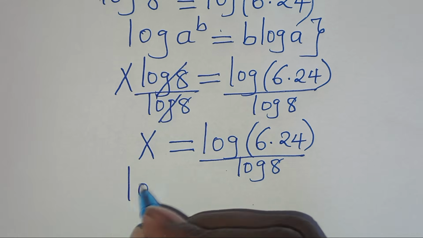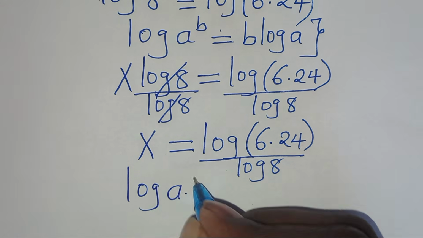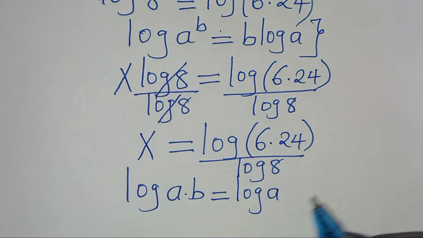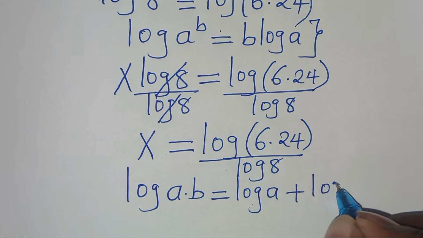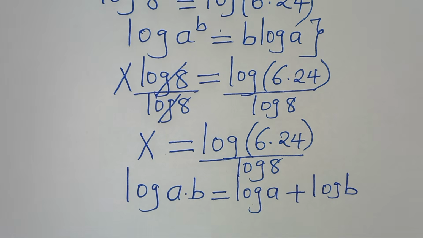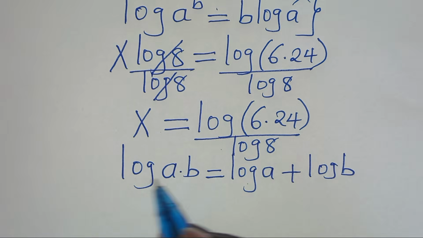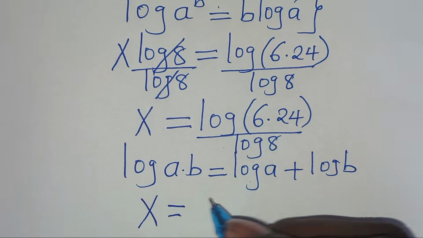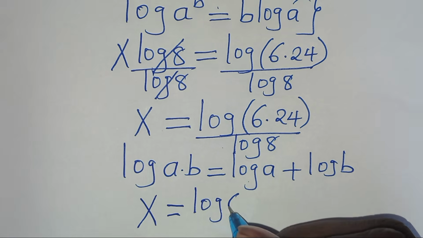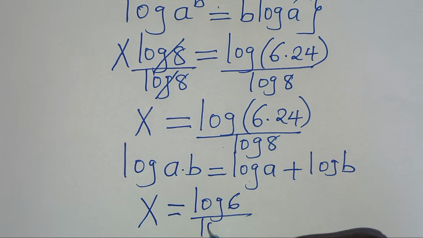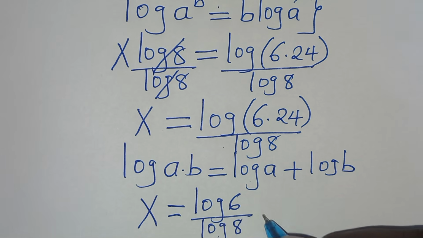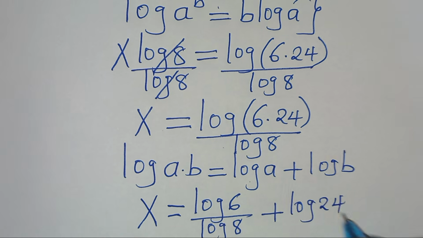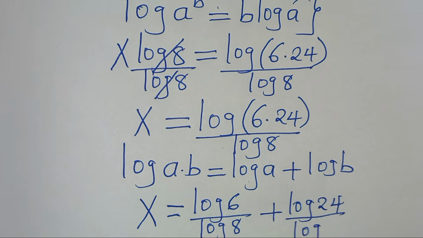This is in the form of log a times b, which we can express as log a plus log b. Now applying this logarithm property, it follows that x is equal to log 6 divided by log 8, then plus log 24 divided by log 8.